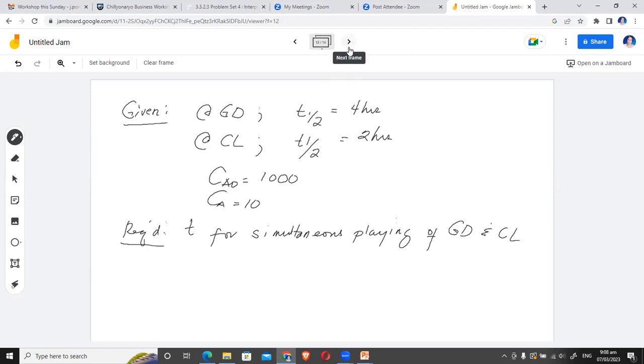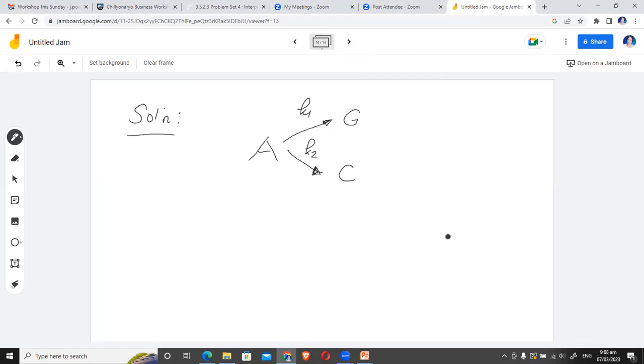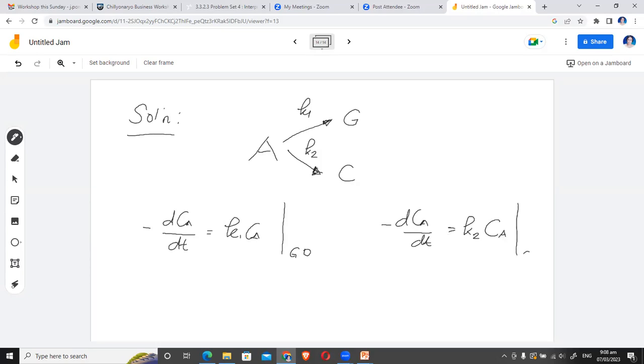You can get the values of k1 and k2. First, write the rate in terms of just one game he plays, that's k1 CA, let's say for galloping dominoes, and dCA/dt equal to k2 CA for Chak-a-Lak.